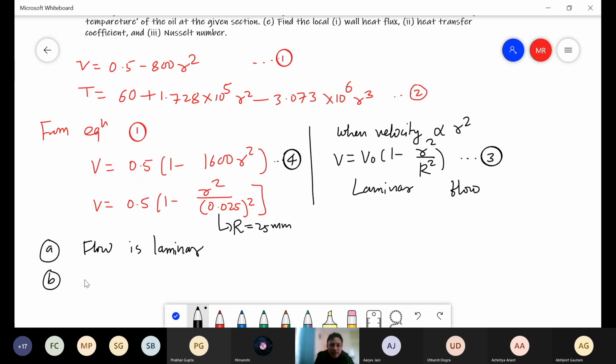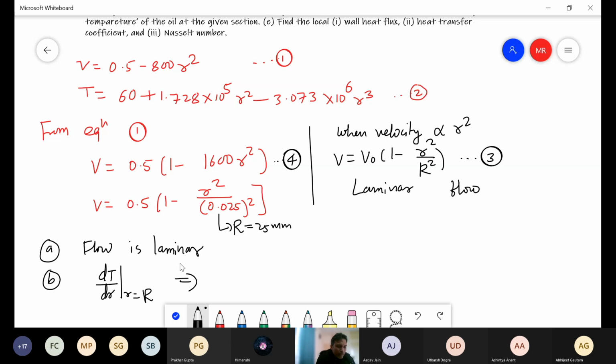Or you can calculate dT by dR at R equals capital R, isn't it? Do you all agree or not? Yes, sir. And if this comes out to be a positive number, clearly the oil is being heated, isn't it? So calculate dT by dR at R equals capital R. What are you going to get?